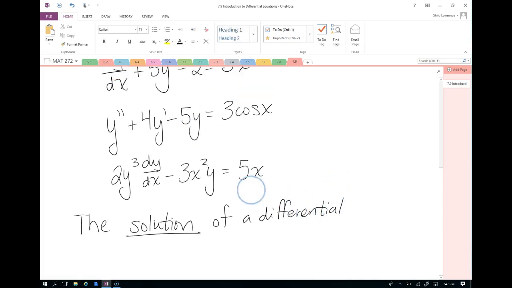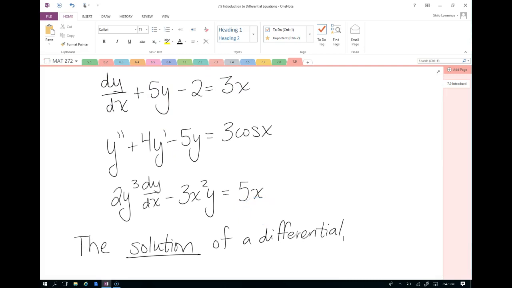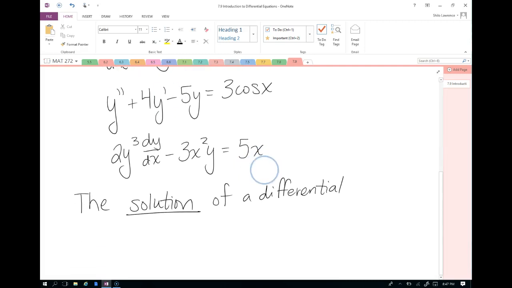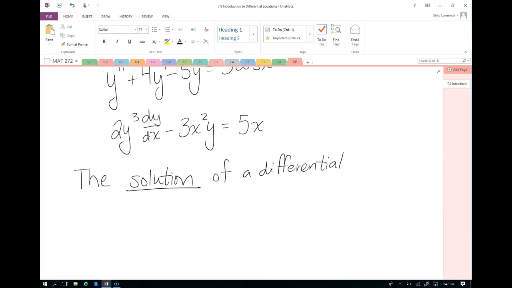I'm going to call it y because I used y as my dependent variable in all these examples, but it's the function y that would satisfy this equation. So if we were to try to plug it back in, the left-hand side and the right-hand side would equal out. But the most important thing to understand is that the solution is a function.